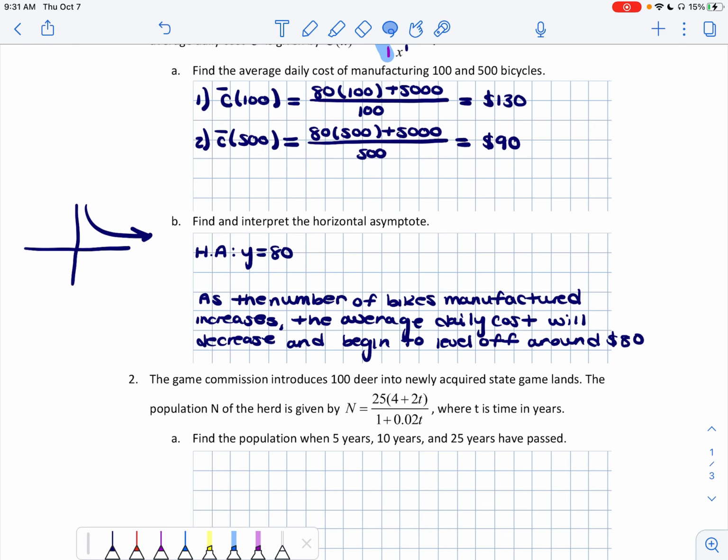It didn't ask us to do this, but let's just say we wanted to find the cost of producing 1,000 bicycles, just to kind of see this horizontal asymptote at work here. So if you plugged in 1,000 for your x value in that average cost function, let me just plug this into my calculator.